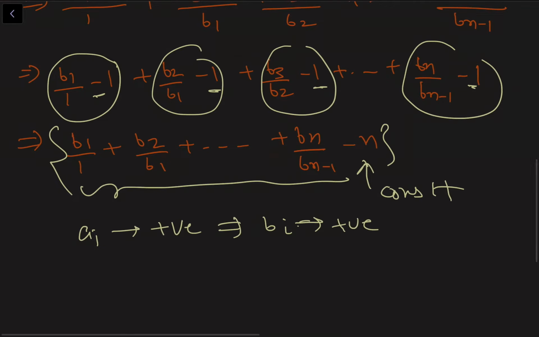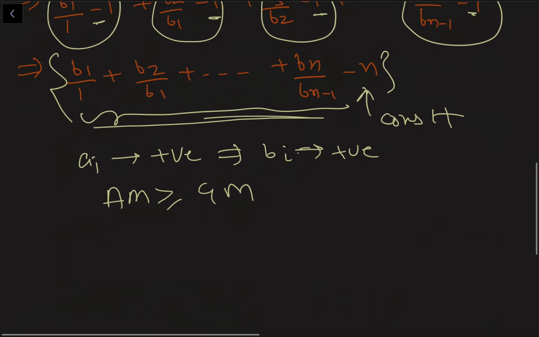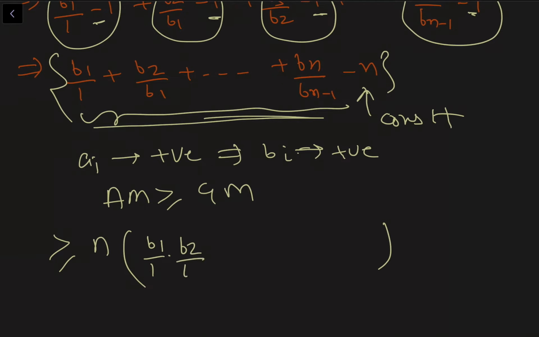Now if this is a positive quantity, I can use the AM greater than or equal to GM. So now if I use this AM-GM on this b term, what I am getting is this is greater than or equal to n times the nth root of b1 by 1 into b2 by b1 into b3 by b2, so until bn by bn minus 1, minus n.